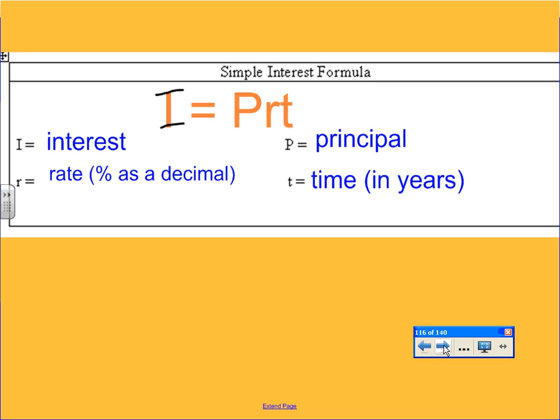Yes, and we're going to do problems like that. Kind of annoying when you get to that, but yes, the time could be converted to a decimal because it has to be in terms of years. So yes.